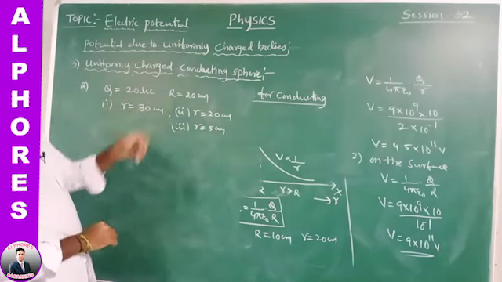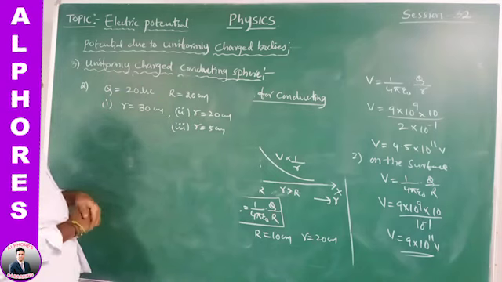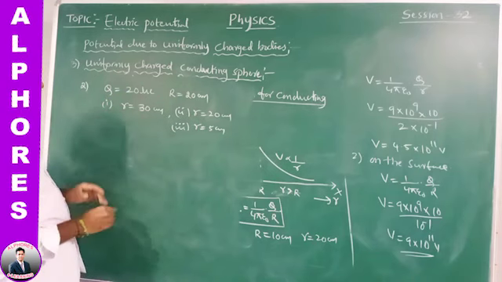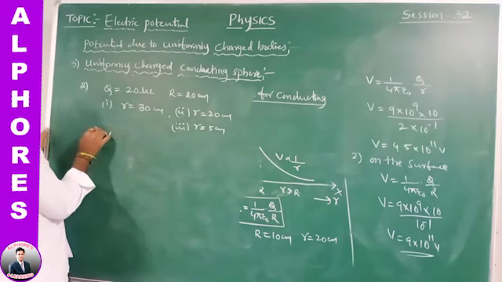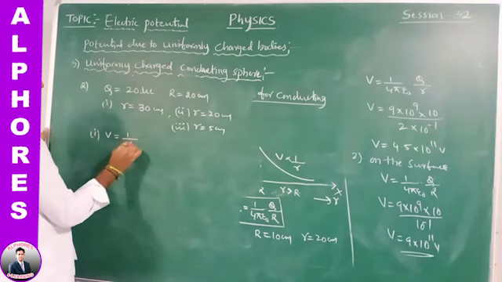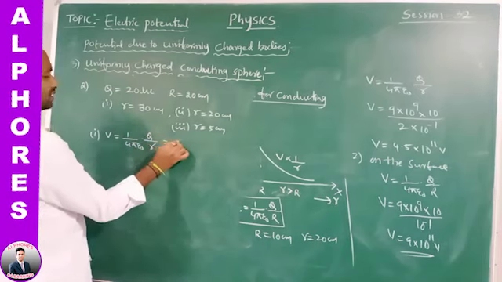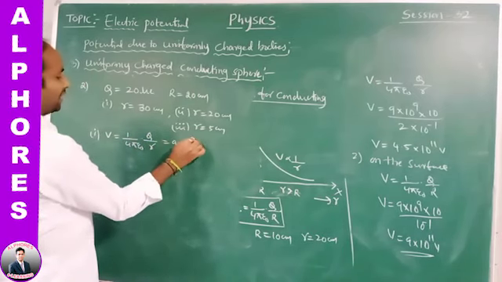See, the radius here is 20 centimeters, but we are calculating the potential at a distance of 30, which means at a point outside. First one, what is the formula? V is equal to 1 by 4 pi epsilon naught, Q by small r, that is 9 into 10 to the power of 9.